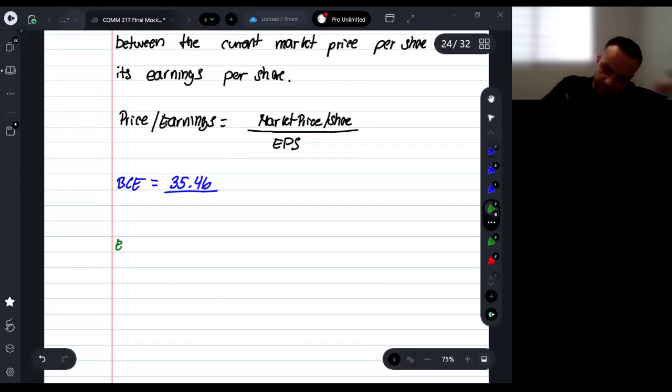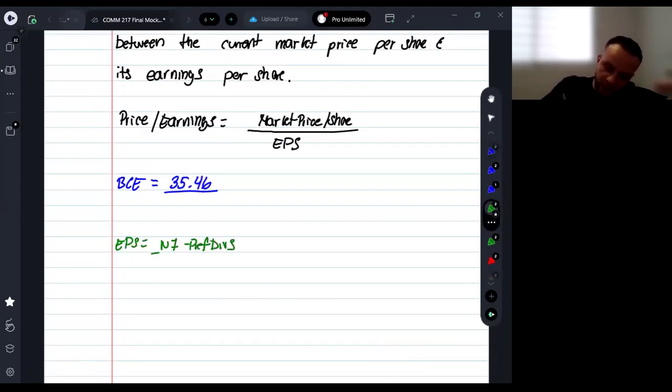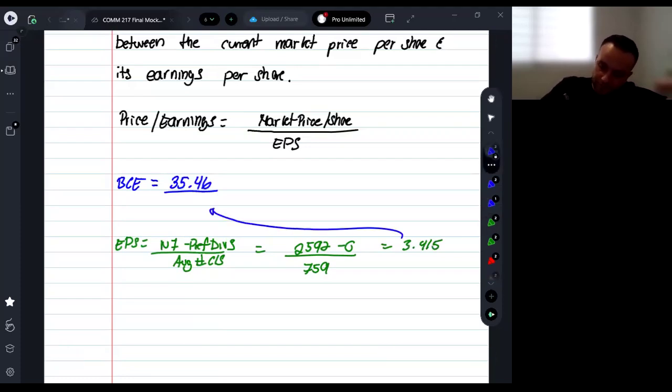The EPS is net income minus preferred dividends, which is none, over the average number of common shares. So the net income, we said 2592 minus 0, over 759. So 3.415. That's 10.38.